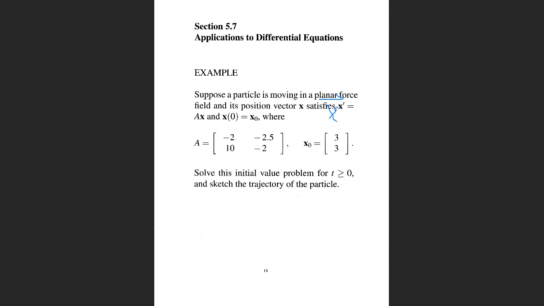This is the linear system of differential equations: the vector x prime equals A times x. So what do we have to solve for here? What did you have to find on the homework that was due today?